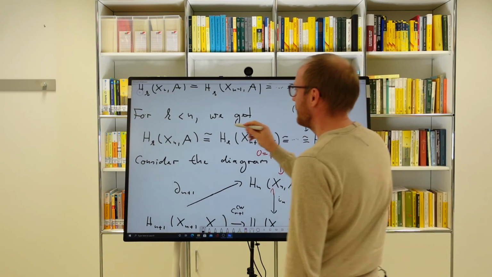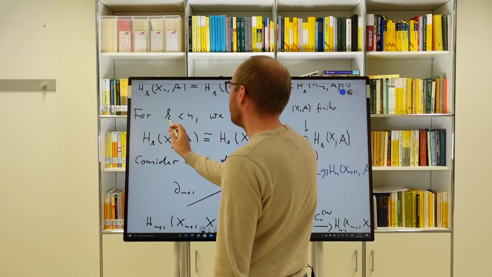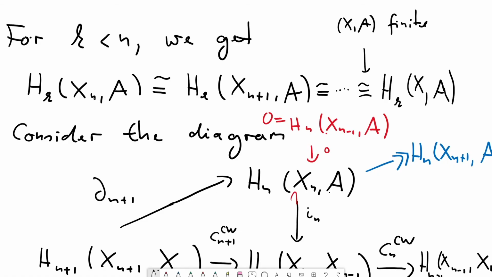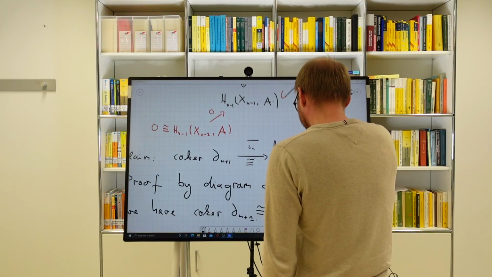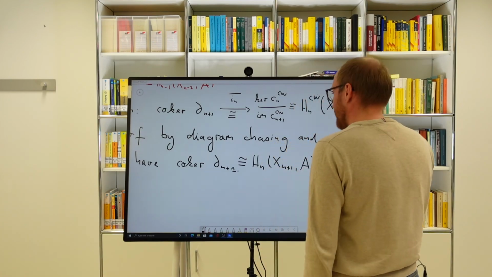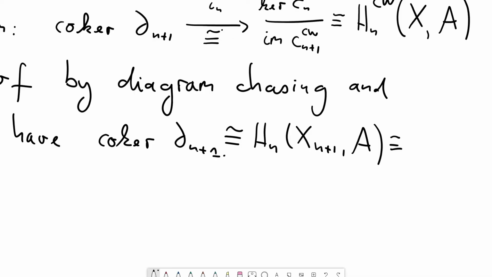That was this part. The degree here is smaller than the dimension of the skeleton in question, and in this case, this is just the homology of the whole space. So actually, as we wanted, it turns out that the co-kernel of dn plus 1 is isomorphic just to the homology of X comma A.